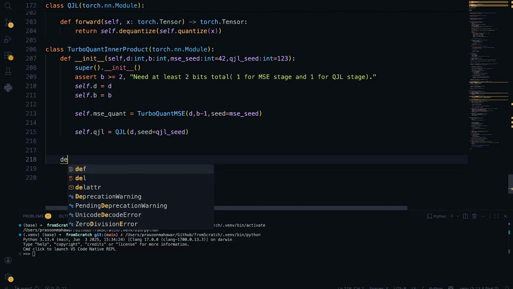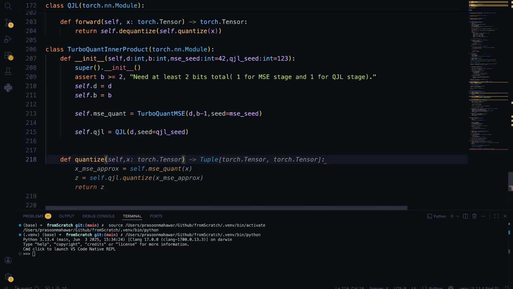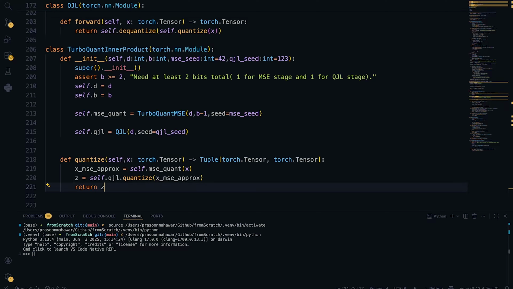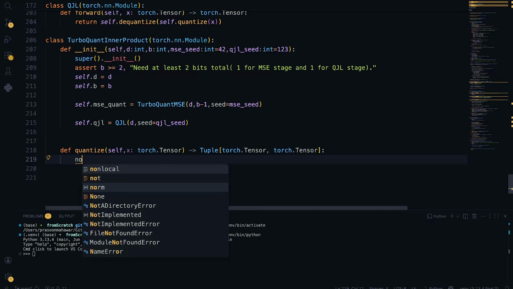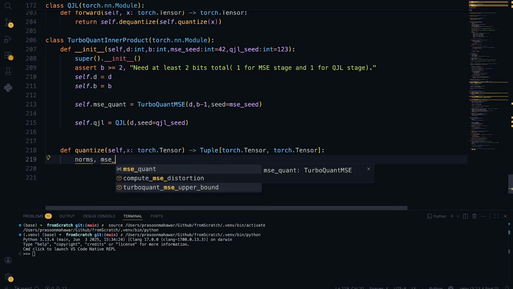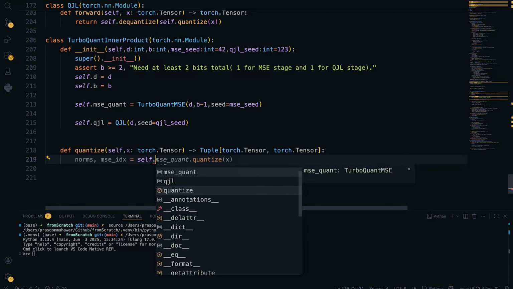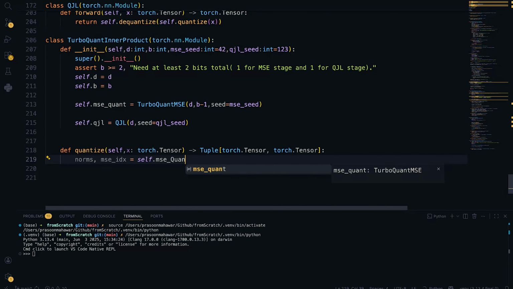Now we define the quantize method. Self, this is correct. It will return the tuple. This will be the 2-stage quantization. Stage 1 is MSE quantize: norms and MSE index equal self.mse_quant.quantize(x).